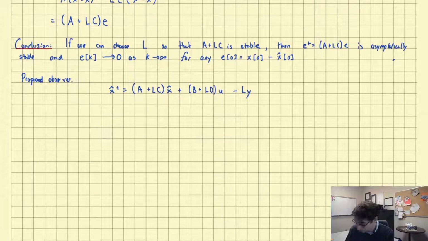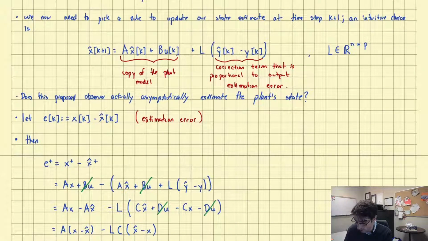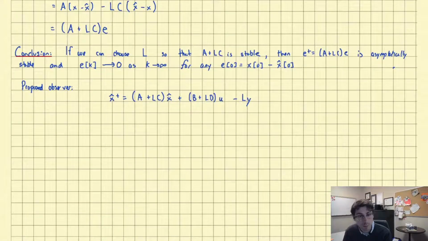Okay, so again, all I've done here is I've plugged in this equation up here, I've plugged in the expression for y hat. That's it. I just plugged in y hat. Okay, and this is what our proposed observer looks like.